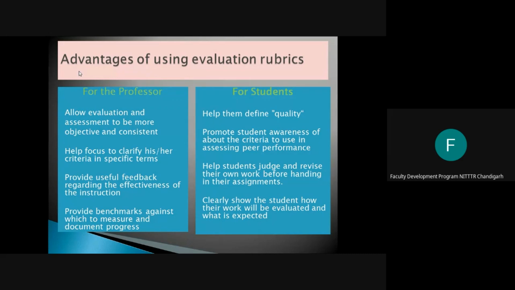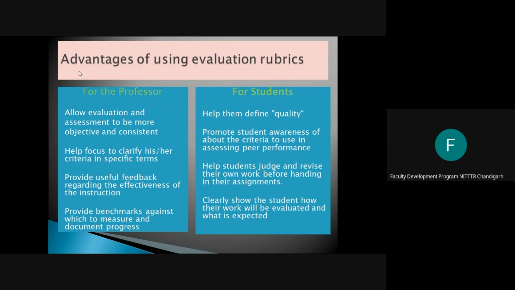As I told you, in the example of communication skill, the criteria is very, very clear to the student: these are the 4 criteria, reading, writing, speaking, listening. This is the criteria on which I will be assessed. Otherwise, most of the time the students do not know the criteria on which they are being assessed. But here, for every subject, whatever you are assessing, the criteria is very clear to the student.